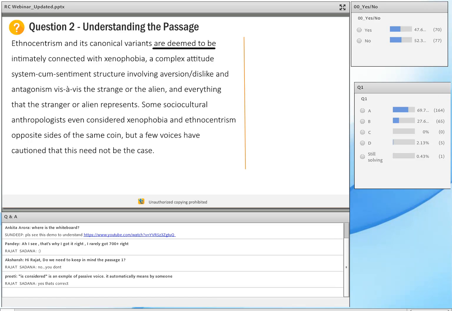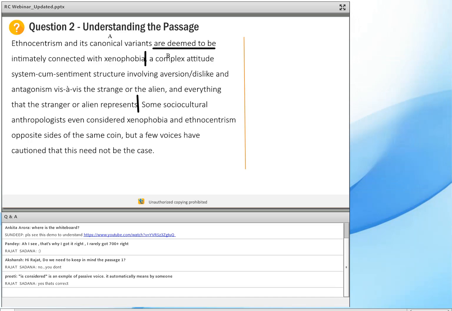Now, I want you to break the sentence over here till this point. Let's consider this part to be part A, and this part over here, starting from this, to be part B. When you think about it reading from an author standpoint, what is the difference between part A and part B over here?